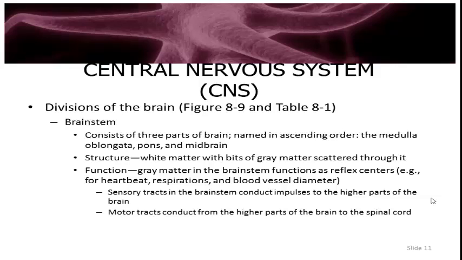We'll start off first with the brainstem. The brainstem has three parts: the medulla oblongata, the pons, and the midbrain. There's white matter with bits of gray matter scattered throughout the brainstem, and its function is as a reflex center for such functions as heartbeat, respirations, and blood vessel diameter.